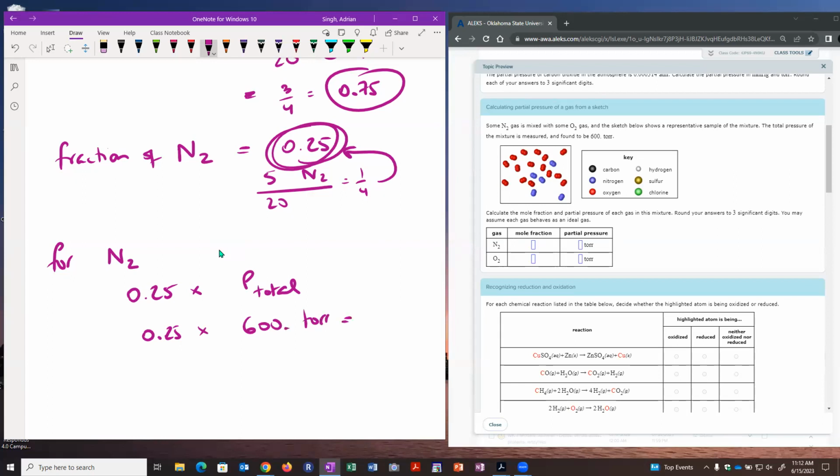A quarter of that will give you the answer. And then the same thing for the O2, the mole fraction is 0.75, so 3/4 of the entire sample is O2, so we multiply 0.75 times 600, and we get the partial pressure of the oxygen in that sample.